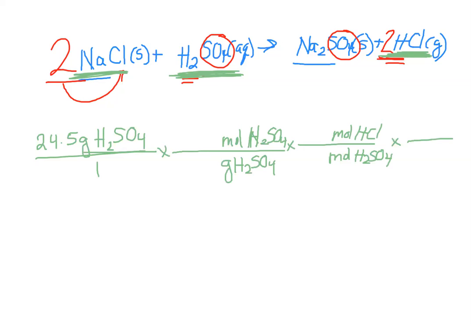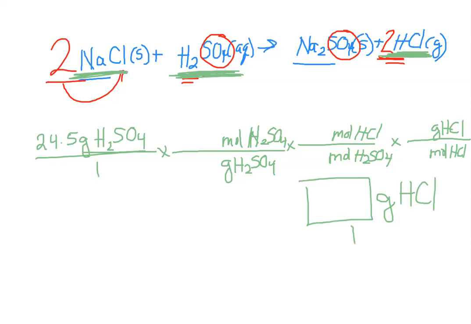And then we're going to put those on the bottom and change it to grams of HCl. So that's the first thing you need to do. Put all of these numbers in, find what they should be, and find an answer for grams of HCl. And that answer is your theoretical yield.